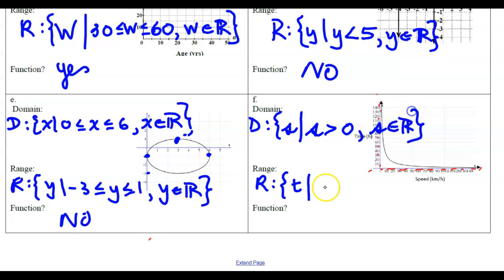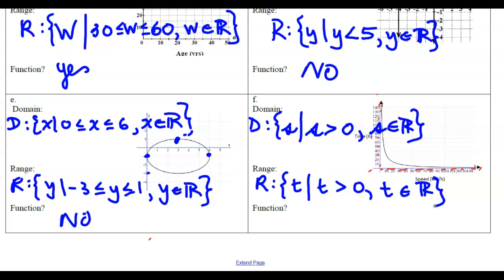And then T is also greater than 0. So if there's a line that the graph approaches, then that means we just don't include the equal sign to it.